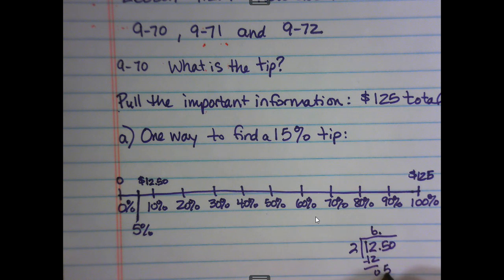Bring down my 5. 2 goes into 5 2 times. And we have 4. Here we bring down the 0. And 2 is able to go into 10 5 times without any remainder. So we'll finish off that division.